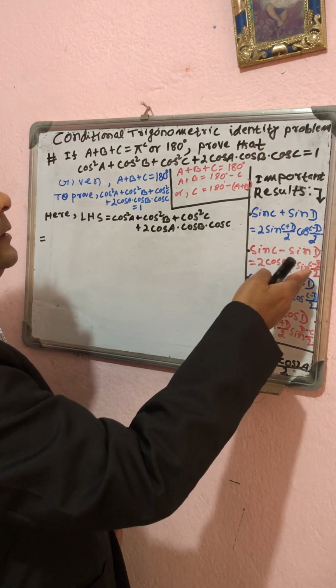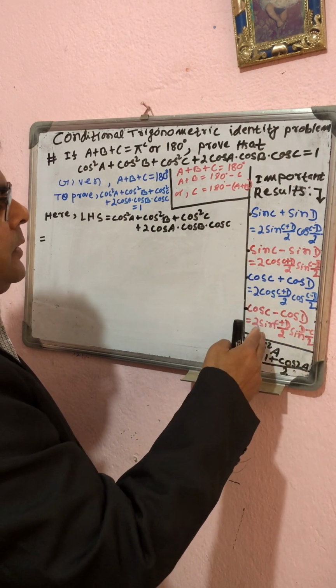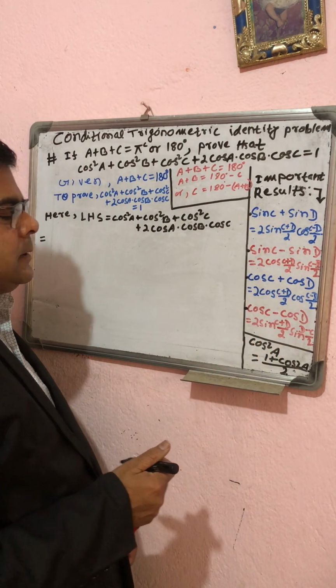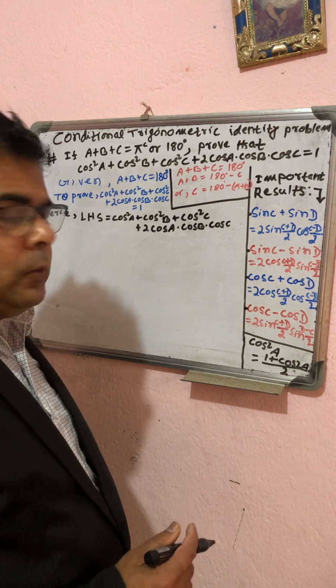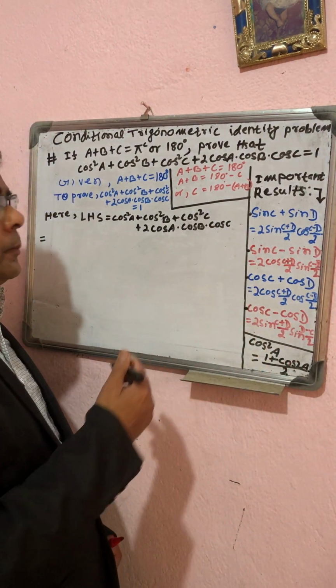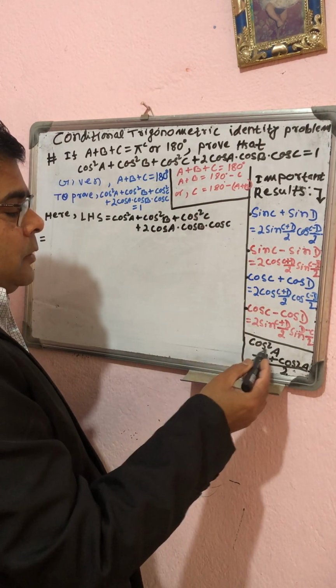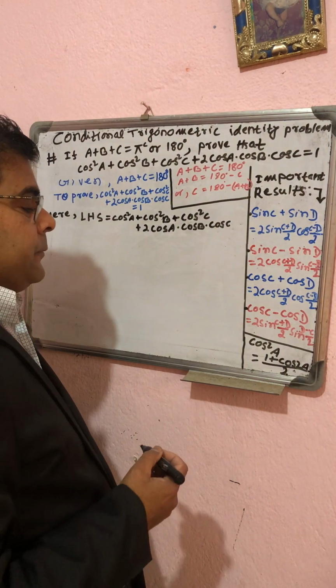Sin c minus sin d is like that. Cos c plus cos d both cos, and cos c minus cos d means both sin. You have to understand these formulas first. And then you have cos square a equals (1 plus cos 2a) by 2. Also, if needed in another related problem, you have to understand those trigonometrical identity formulas.